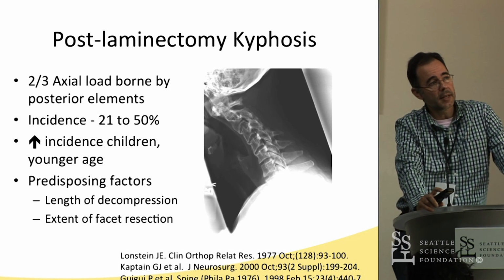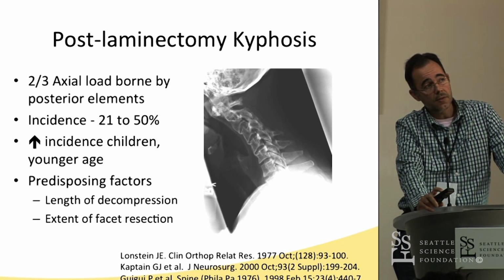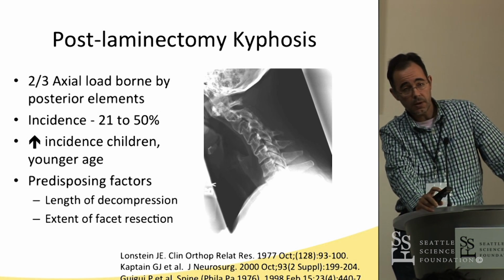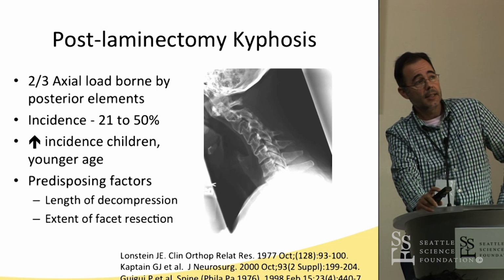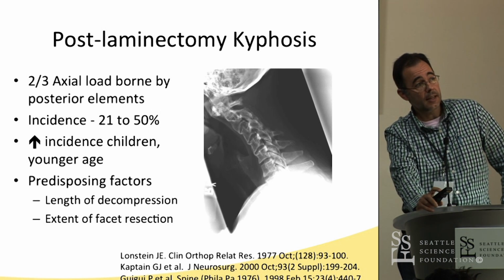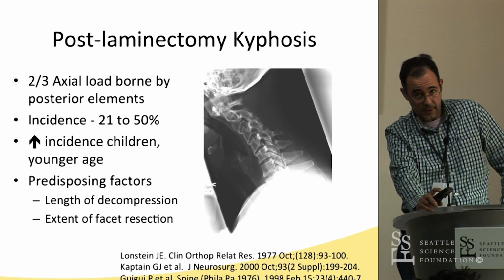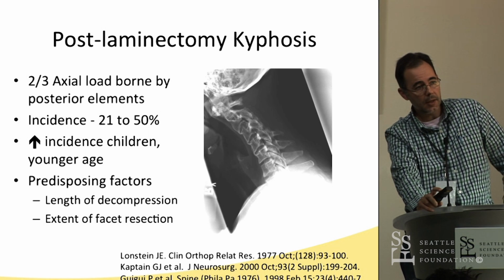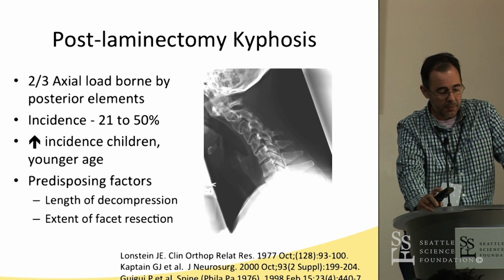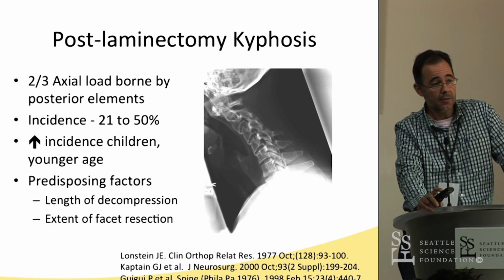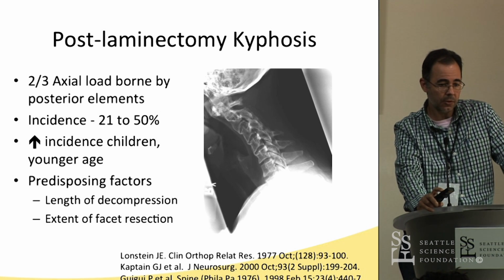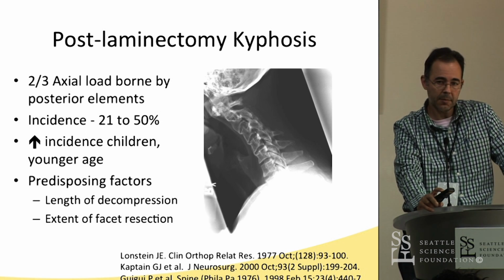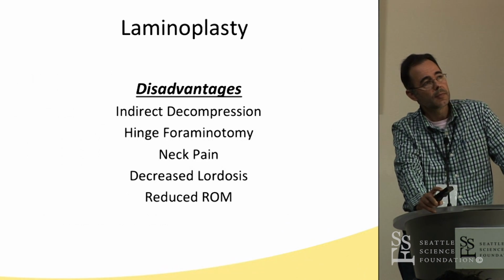It's been reported at an incidence of 21 to 50%, and depends on which lamina were removed, the extent of facet resection, and the number of levels that have been performed. Definitely, a laminoplasty helps avoid this to some degree, but most laminoplasty cases do result in a slight loss of lordosis. So fusion obviously would prevent this from happening, but not everybody should be fused.